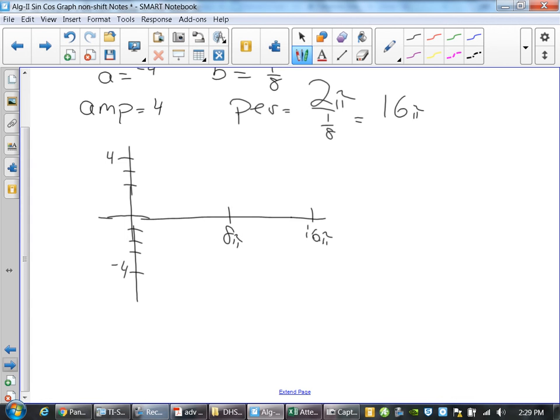Wait, how do you find the... Half of 16 is 8. Half of 8 is 4. Add that back to 8 and you get the middle. Oh, you're adding 4 to 8. Yeah, or you can think of it this way. If you know your endpoint is 16, you can multiply it by 1/4, 1/2, 3/4. You get all your points. Works the same way.